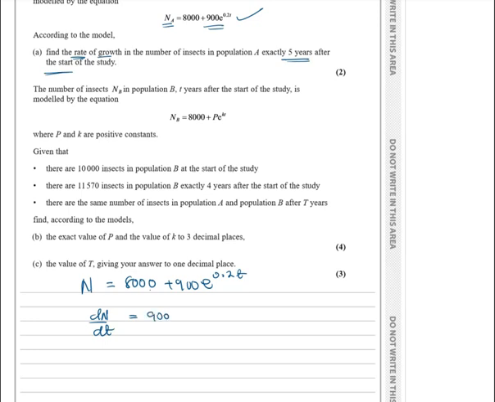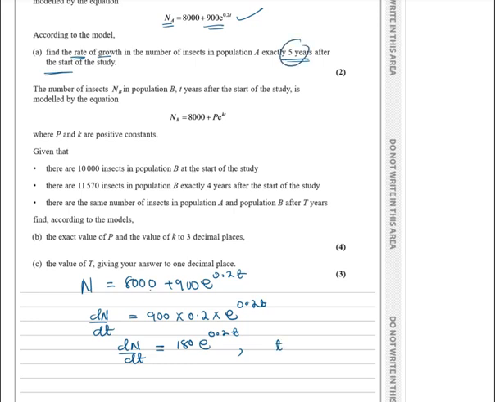So you have 900 multiplied by 0.2. We have already seen the derivative of exponentials, times e to the power of 0.2T. So when you multiply, you have 180 e to the power of 0.2T. But they want the rate of change at exactly 5 years.